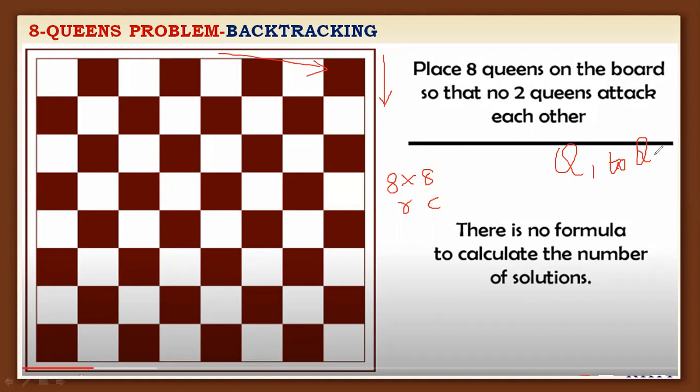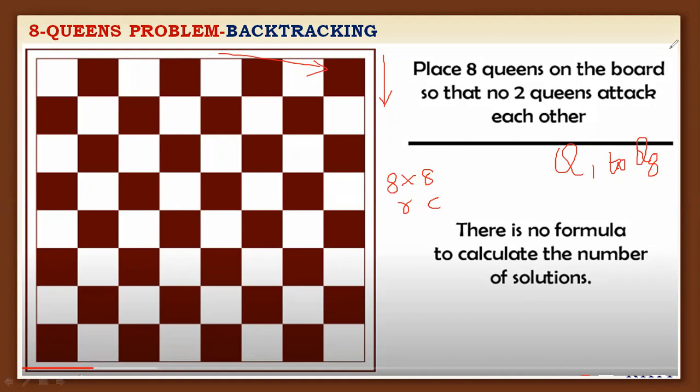You need to place or arrange all 8 queens on an n by n chessboard, that is an 8 by 8 chessboard, in such a way that no two queens can be placed on the same row, same column, or diagonal.